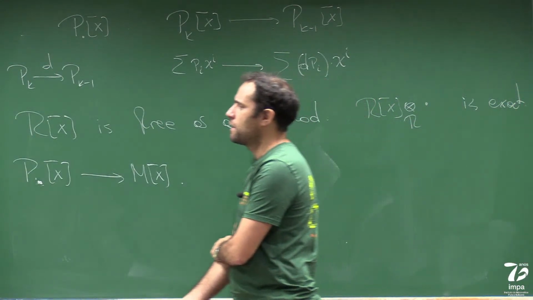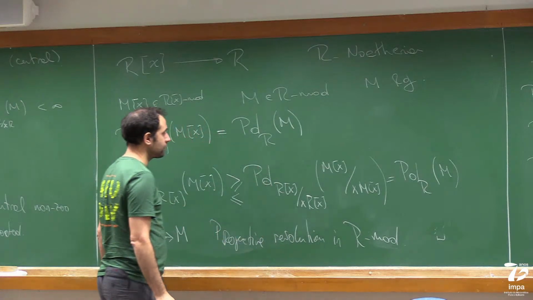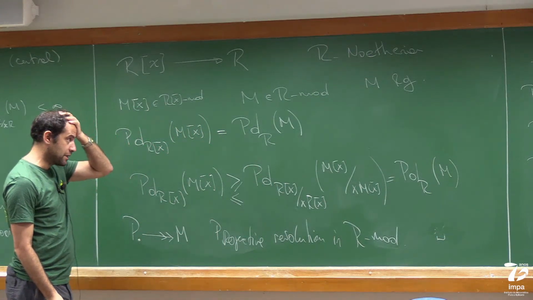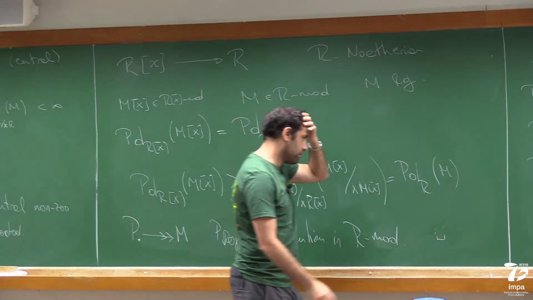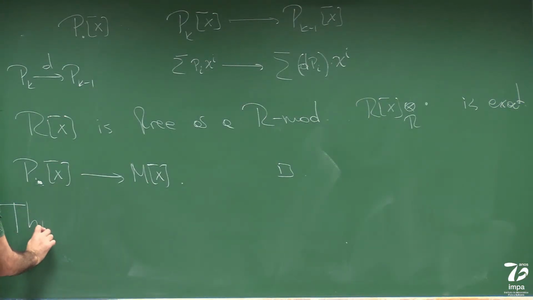Okay, so if I have a module over the point and I spread it over the line, I don't increase the projective dimension. But the theorem that I started to prove was the following theorem. And essentially, I think hopefully here's where I'm going to stop.